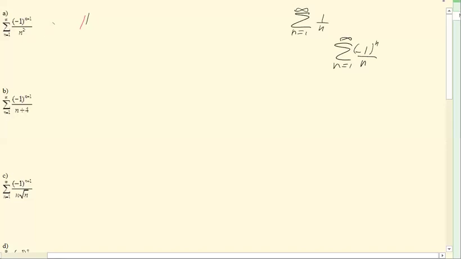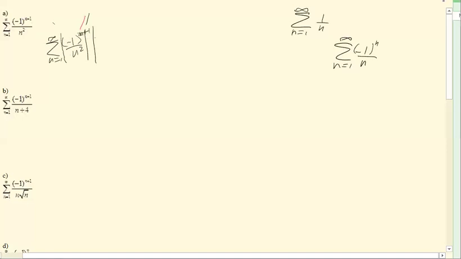So this is a series that would be absolutely convergent because if we looked at the series of positive terms, ignoring the negatives, in other words, if we took this, this is n plus 1.